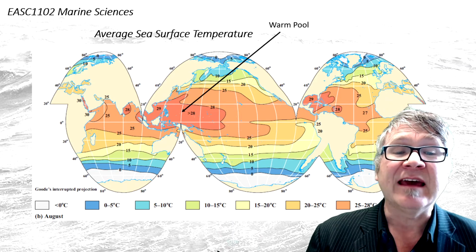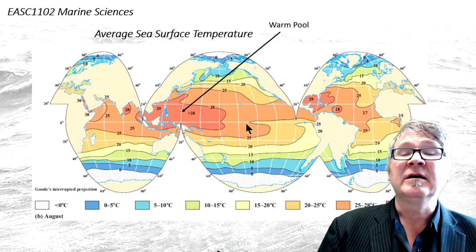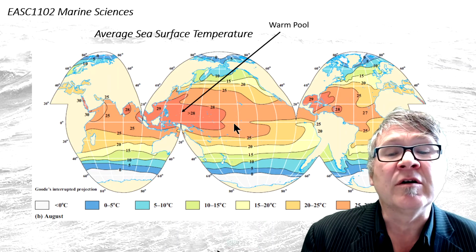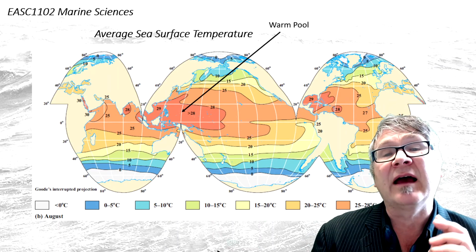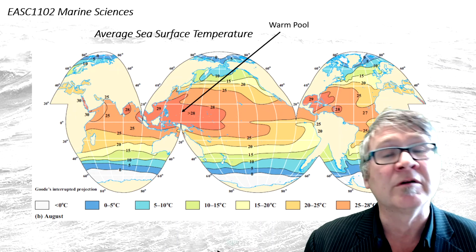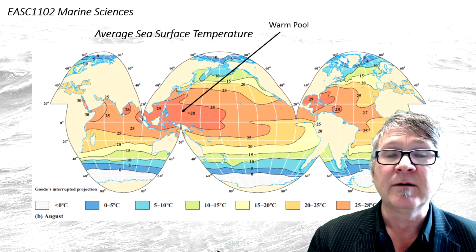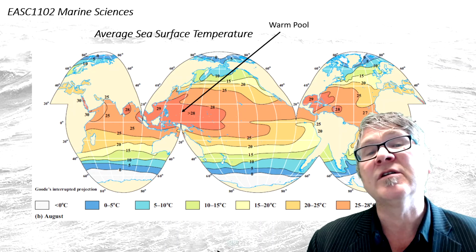Okay? The other features that you see, the deviations near the coastlines, are the signature also of horizontal currents known as western boundary currents. Okay, so this is the average sea surface temperature on Earth.